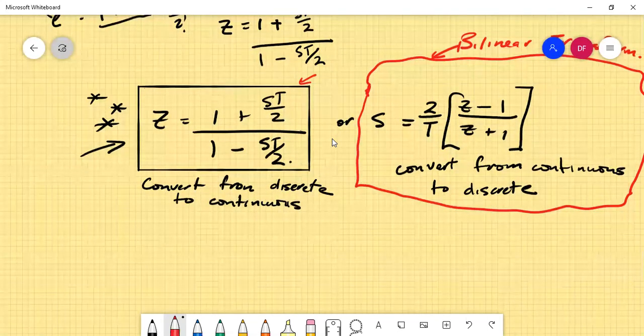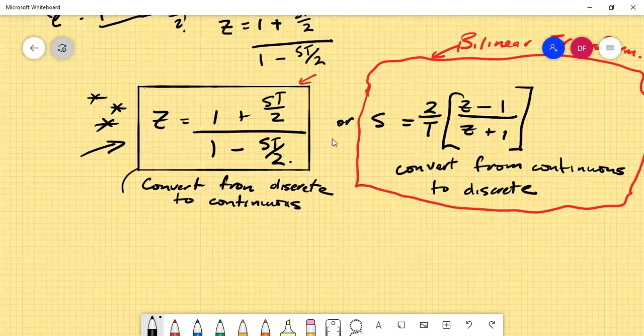So we can write this as z equal to 2 over t. Let me fix it up a little bit.